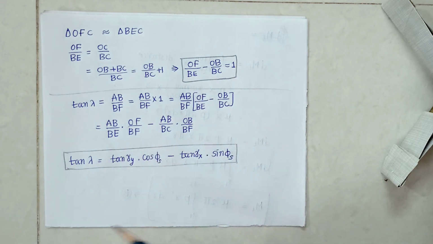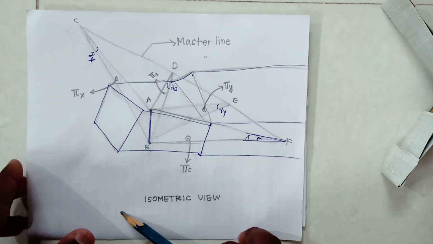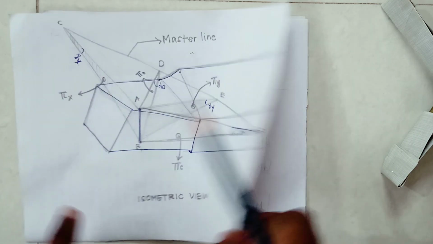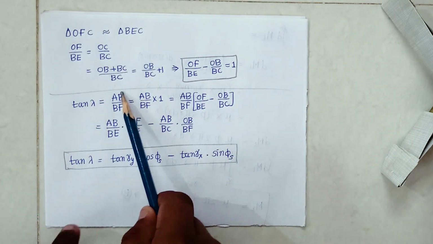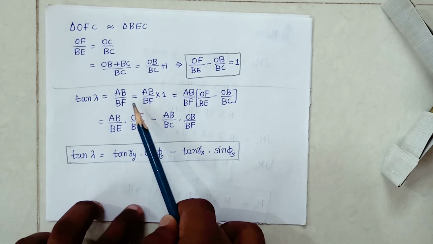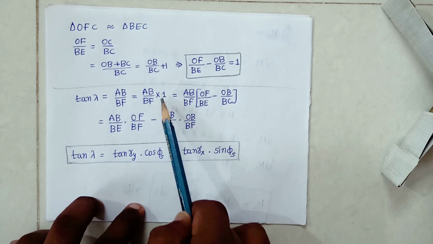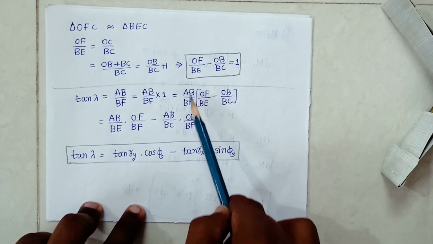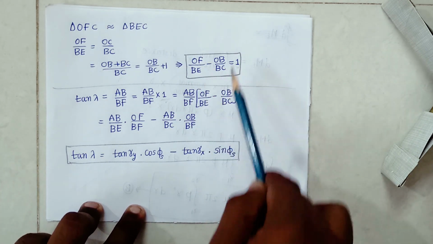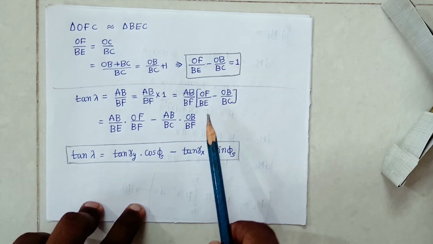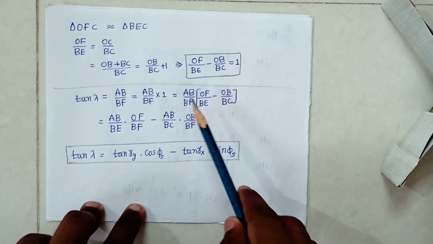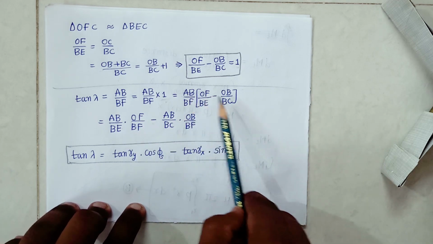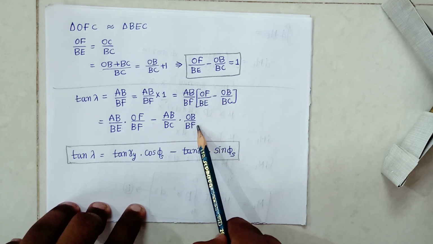Now if you look at this diagram, tan lambda is equal to AB by BF, and I can write it as AB by BF into 1, and I can substitute this 1 with this 1. So I can write AB by BF into OF by BE minus OB by BC. By rearranging some terms, AB by BE into OF by BF minus AB by BC into OB by BF.